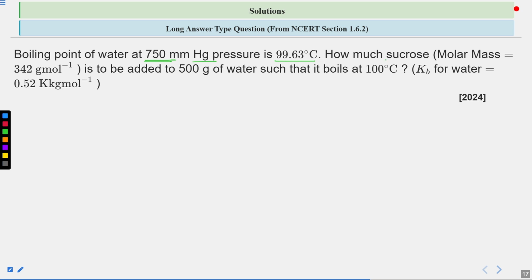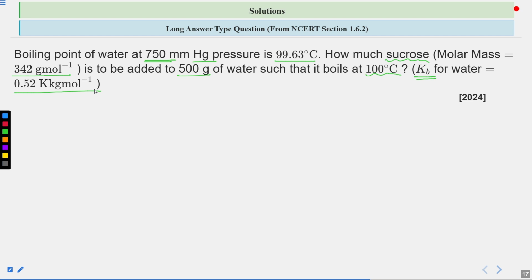How much sucrose, whose molar mass is 342 gram per mole, is to be added to 500 gram of water such that it boils at 100 degrees Celsius? The given quantity is Kb for water, which is 0.52 Kelvin kg per mole.